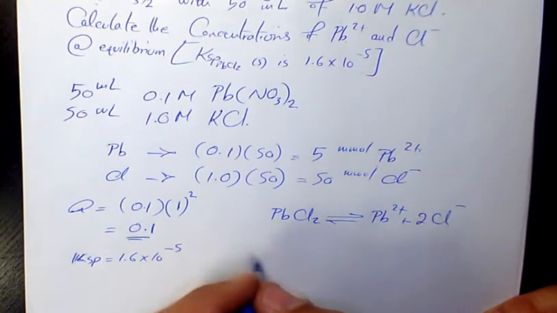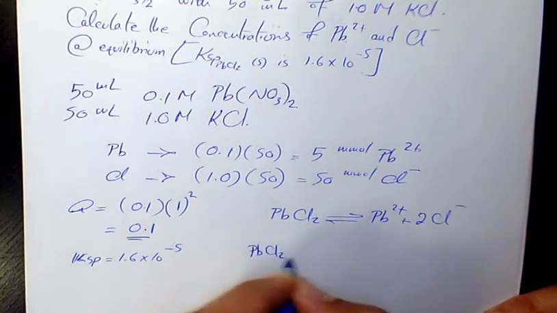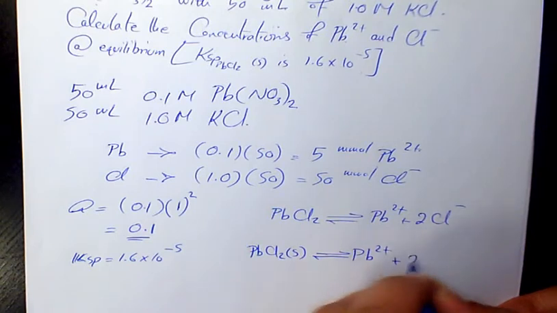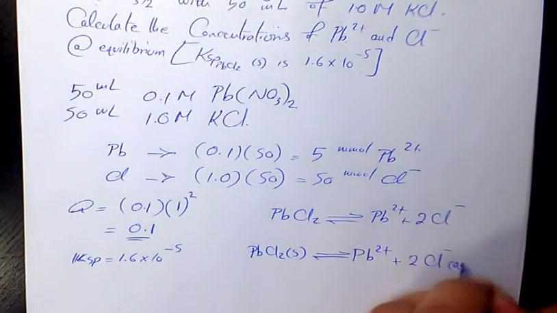When you have the reaction, we have PbCl2 giving us Pb2+ and 2Cl minus aqueous.